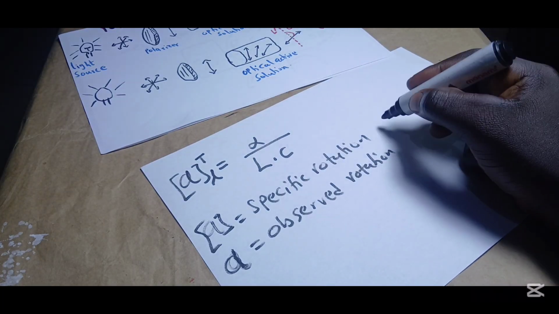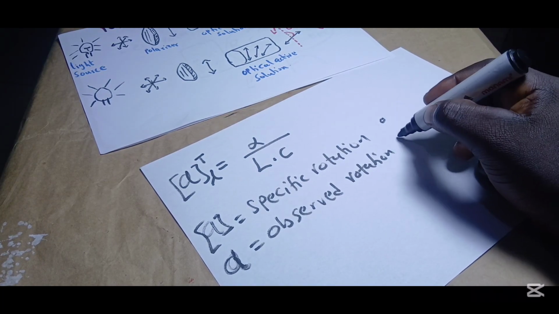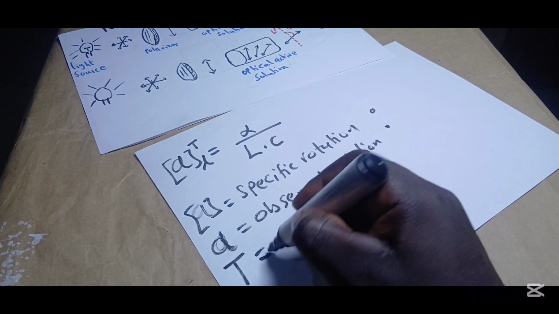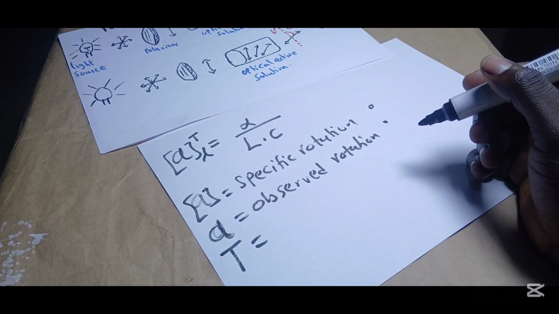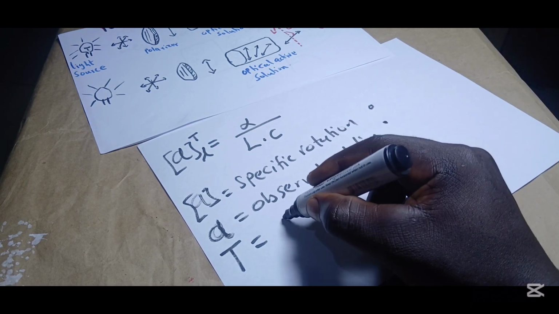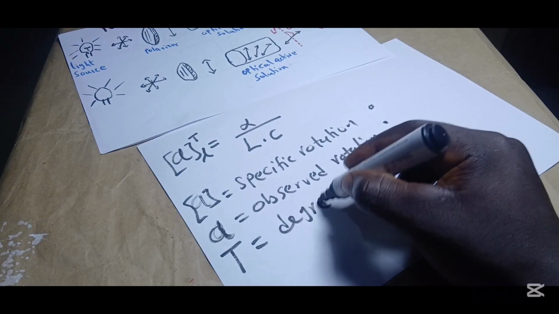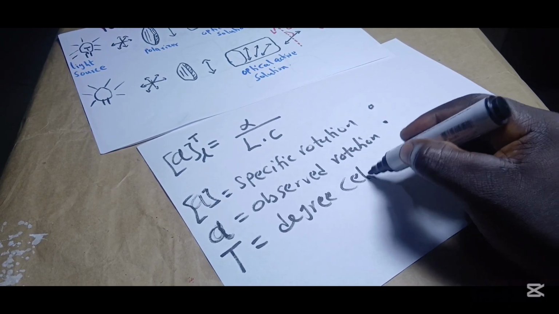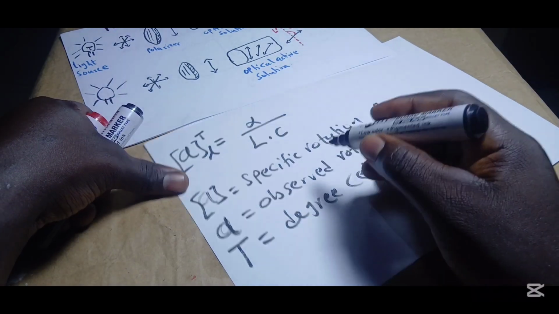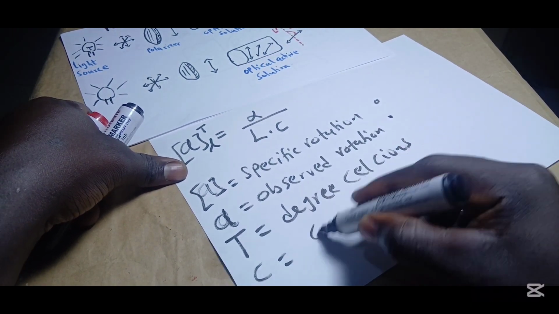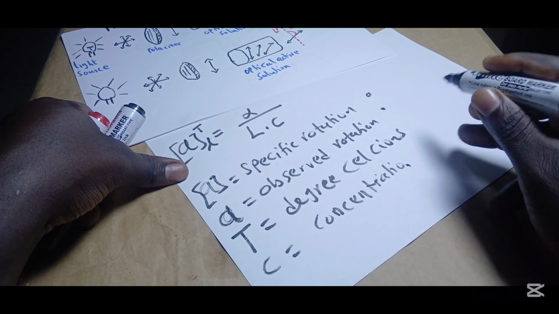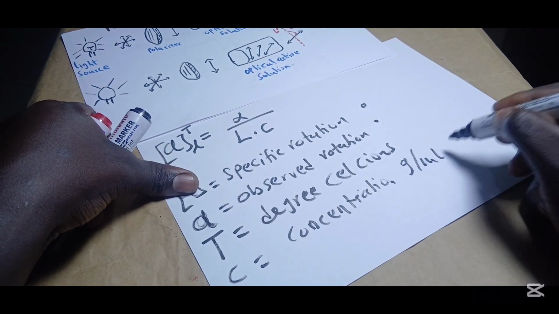All the angles are measured in degrees. T is temperature, in degrees Celsius. C is concentration, in gram per milliliters.